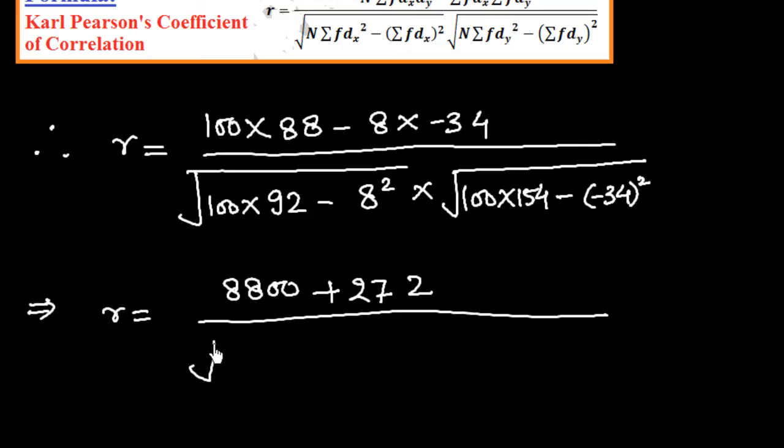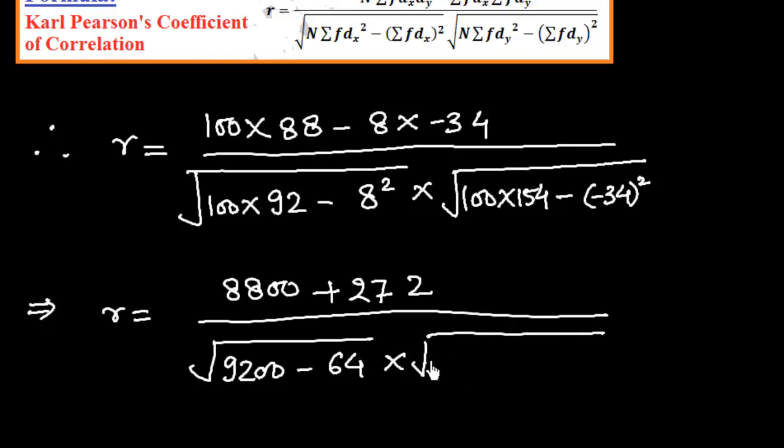In the denominator we solve this: 9200 minus 8 square, 64, into 15400 minus 34 square. 34 square is 1156. We have got this.